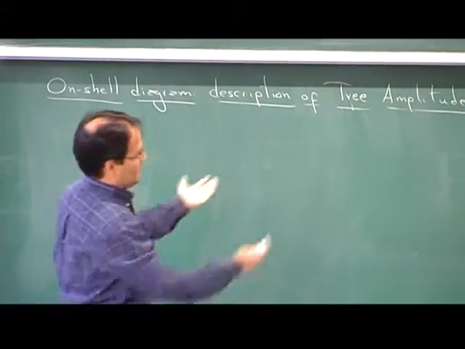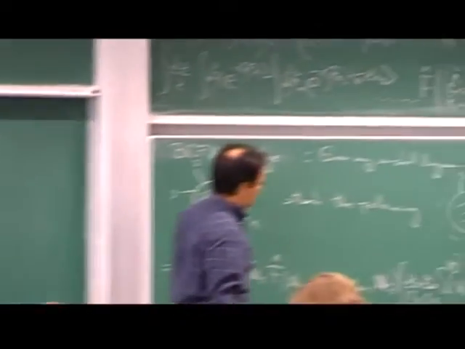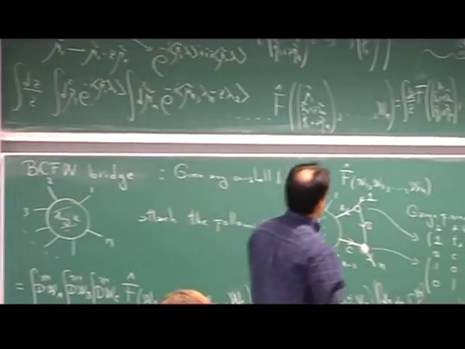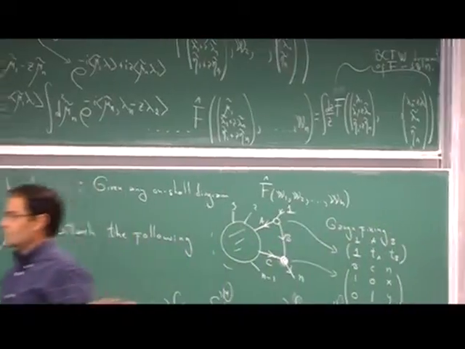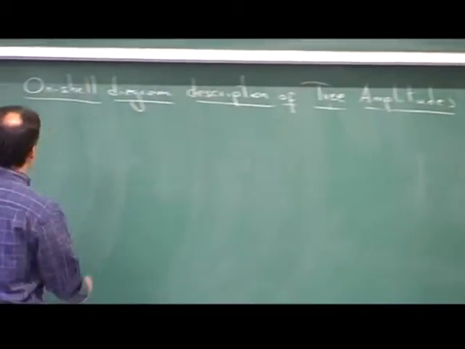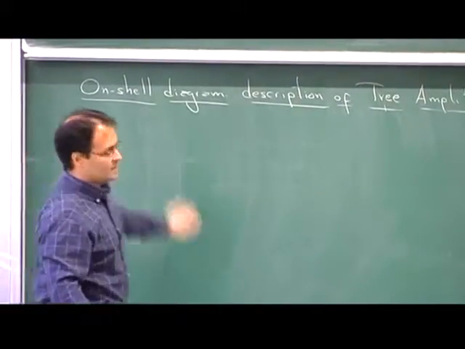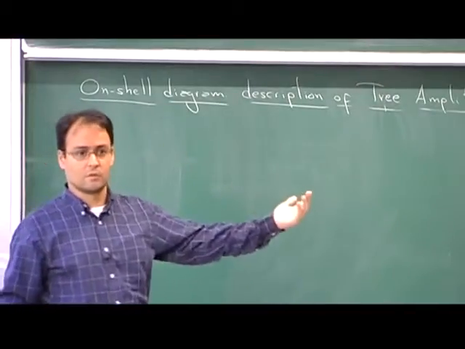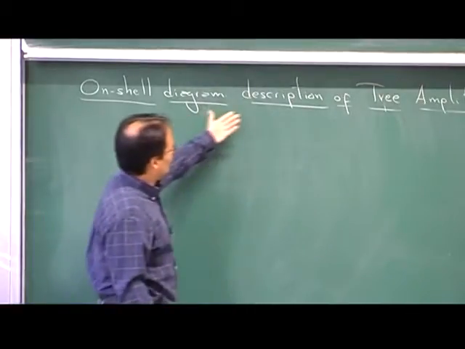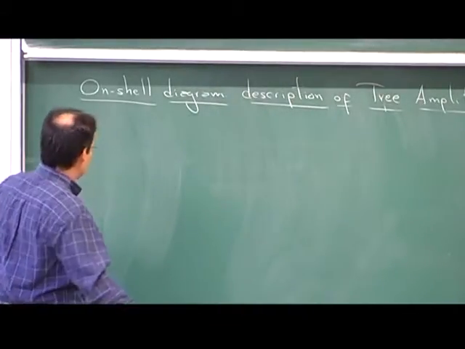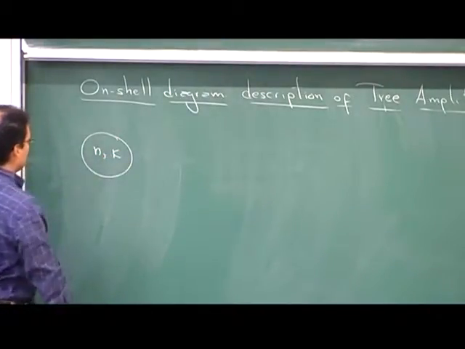Well, the reason is that we just discovered how to represent, in terms of on-shell diagrams, a BCFW deformation. And all we have to do is to see what to do with the contour, but we can do exactly what was done with BCFW. So let's assume, or let's show that any amplitude can be represented in terms of on-shell diagrams. So we will use induction, or we will just use the recursion relation more explicitly. So we will start with a given n and k amplitude.